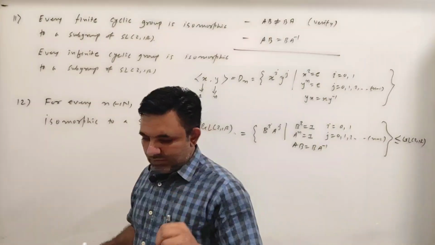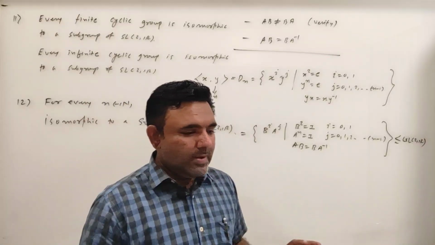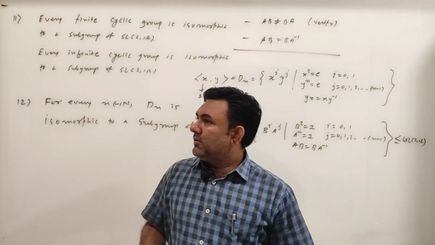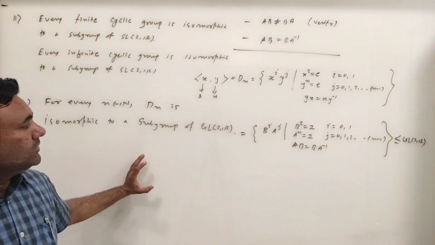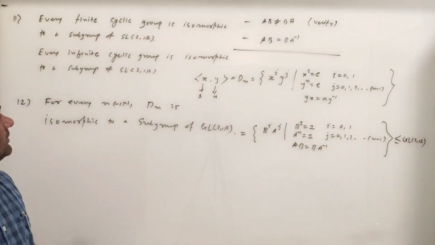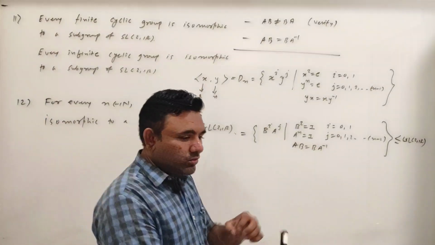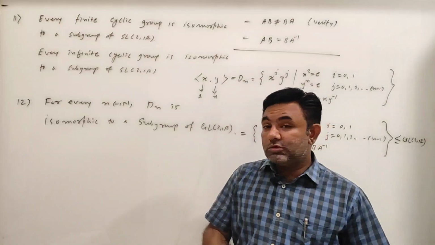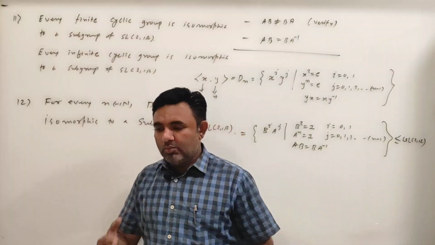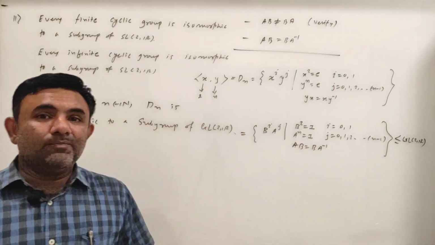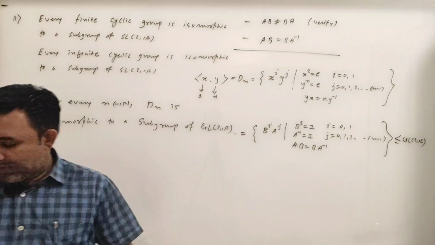Otherwise, before 3 or 4 lectures we were just doing some calculations. That is not algebra. This is what is actually interesting, how we can analyze a group, which group is like which group. To find all that we need homomorphism, and since homomorphism started, we can analyze groups in detail, right?